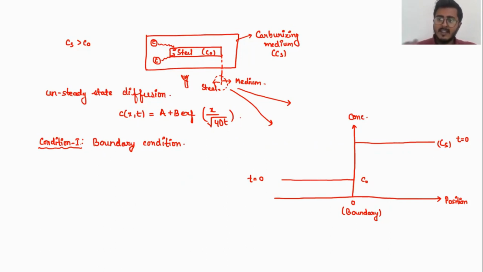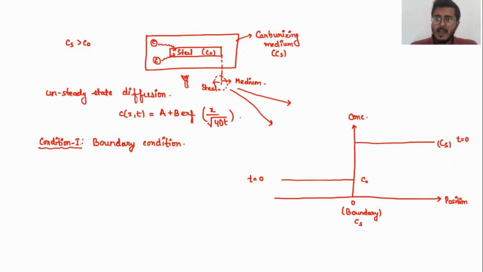So at this boundary, the concentration of the steel component will be equal to CS. Why is that so? Because it is in direct contact with your carburizing medium, right? As soon as I keep my steel component inside my carburizing medium, the medium will increase the concentration at the boundary and it will come up to your CS concentration, right?